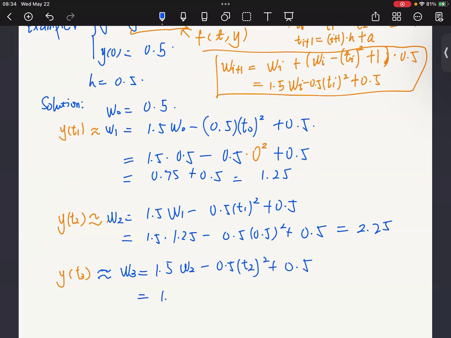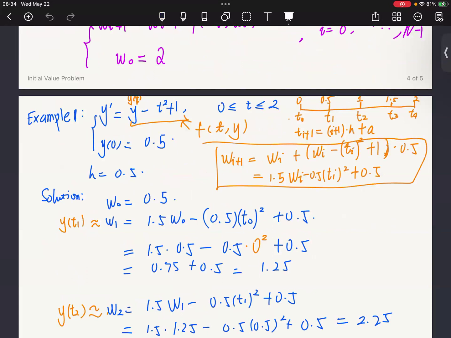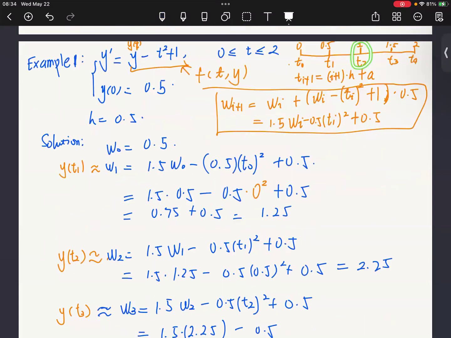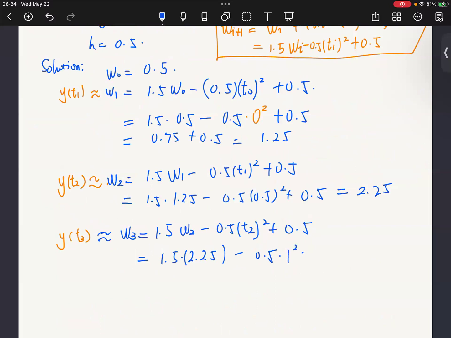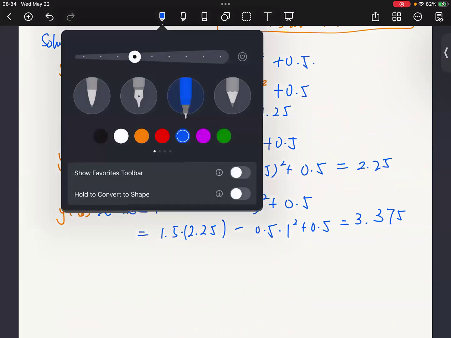From the last equation, W2 equals 2.25, minus 0.5, and T2 is the number 1 here, so 1 squared, and then 0.5. And this equals 2.25. No, let me see, it should be 3.375 by the calculator.